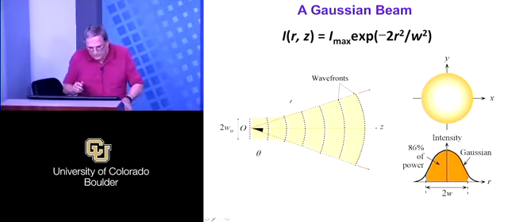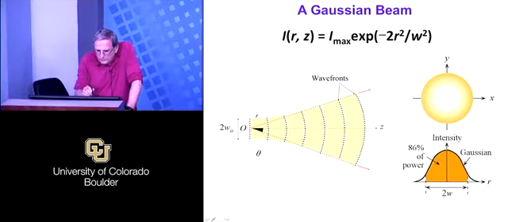Okay, so here again, reminding ourselves, we have a Gaussian beam. There's some kind of waist that we call 2W0, not W0. At some point we come out here and it's root 2 W0. We call that the Rayleigh range.